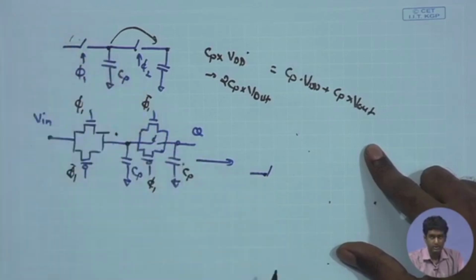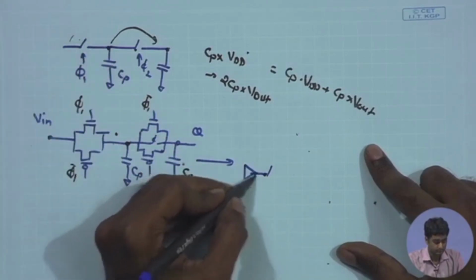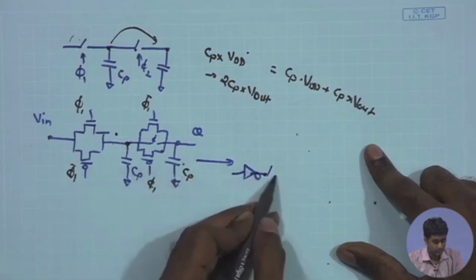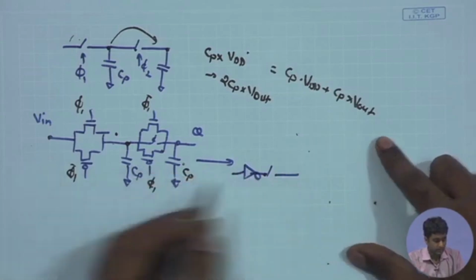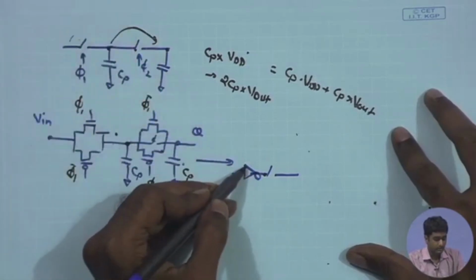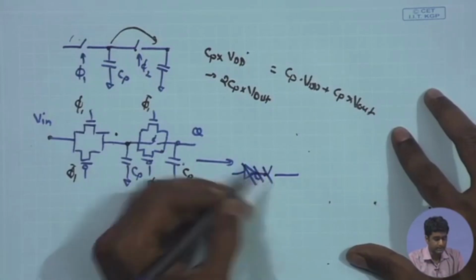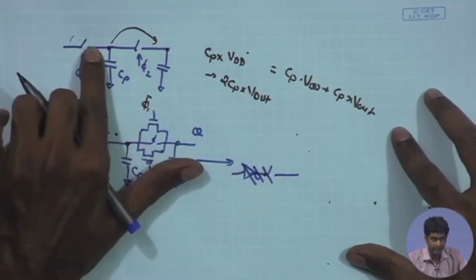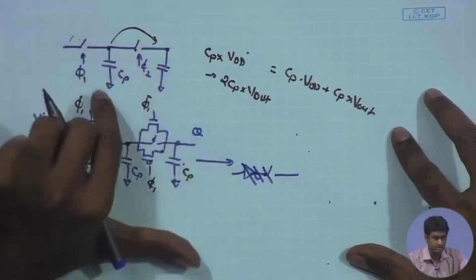Suppose you are putting it before the switch. Later we will see that putting the inverter after the switch can have some advantage, because there we can apply some feedback configuration.